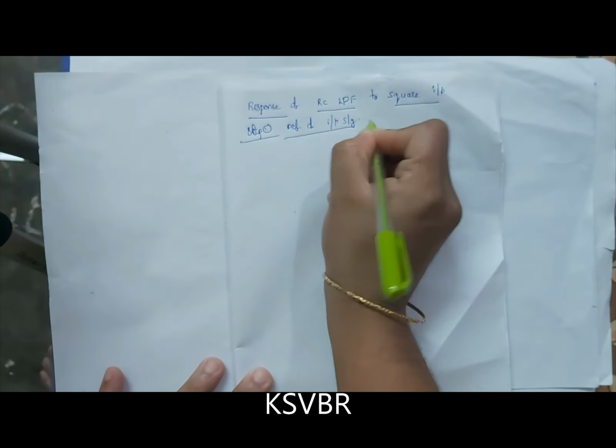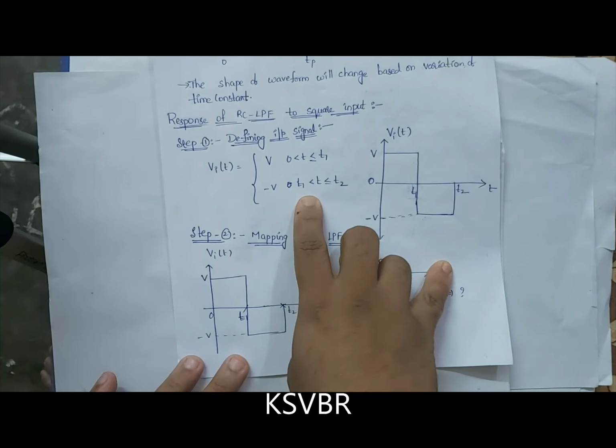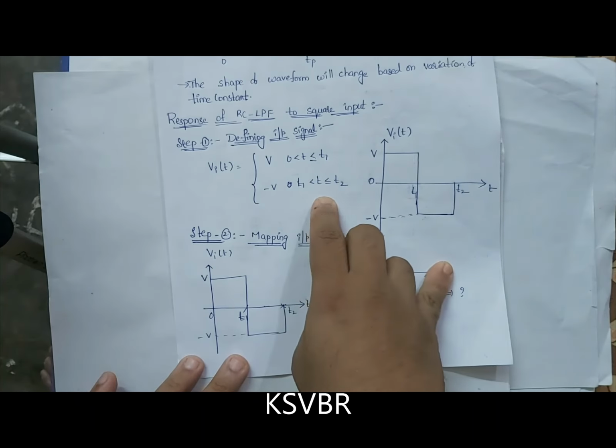So here I have written Vi of t is equal to V for 0 less than t less than or equal to t1, minus V for t1 less than t less than or equal to t2. This is the formulaic representation of your square wave.